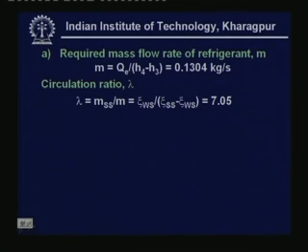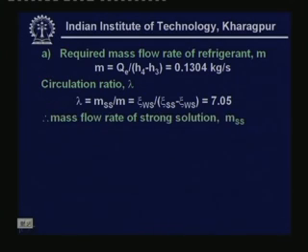And from mass balance across the absorber, we have seen that for water lithium bromide systems, the circulation ratio is equal to the concentration of the weak solution divided by the difference between the strong and weak solution concentrations, that is zeta Ws divided by zeta Ss minus zeta Ws. Okay. And zeta Ws from the input data is equal to 0.578 and zeta Ss is 0.66. So, if you are substituting these values, you find that the circulation ratio is 7.05.